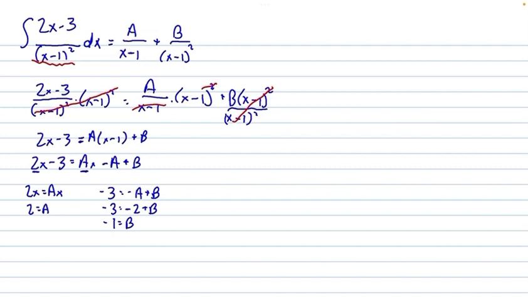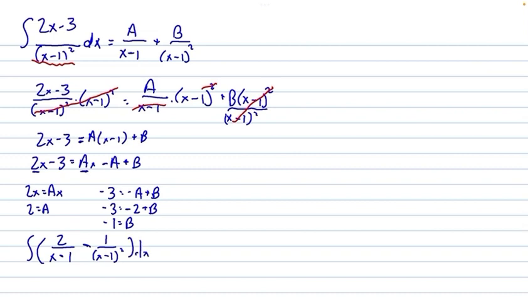Okay, so now we've solved for A and B, so this is what we need to do. We do just like we did before. That's going to give us 2 over x minus 1 minus 1 over x minus 1 squared.